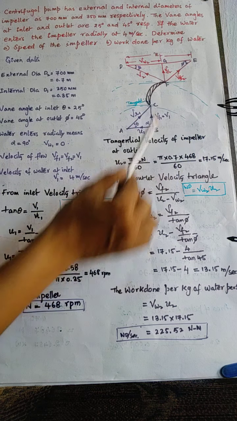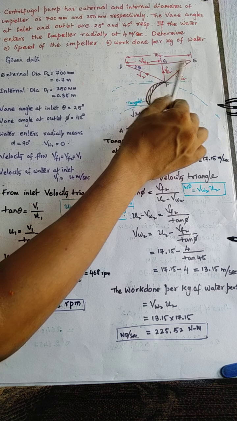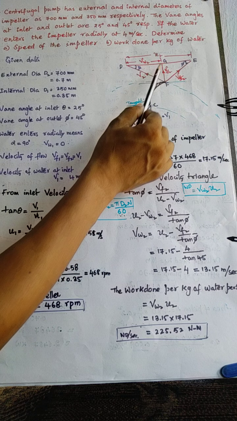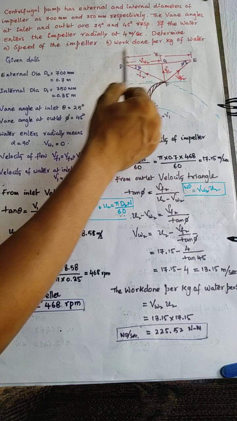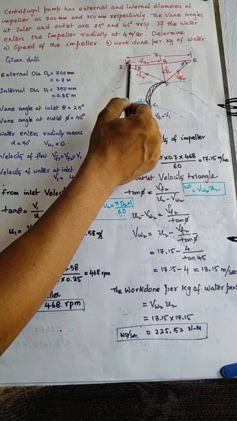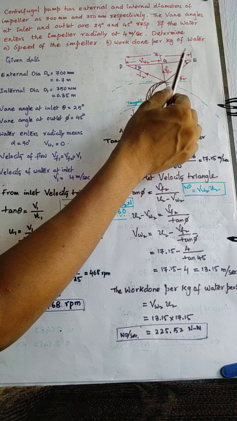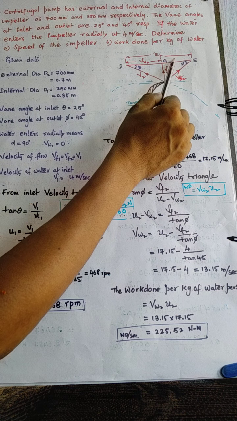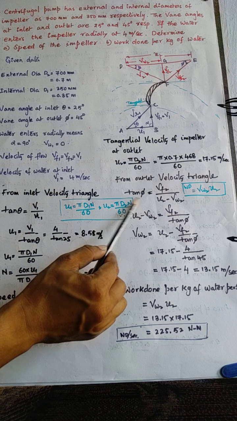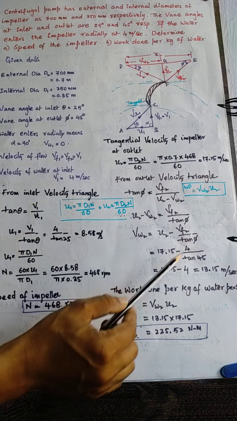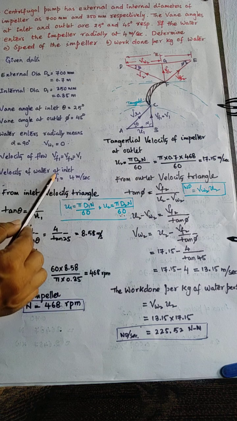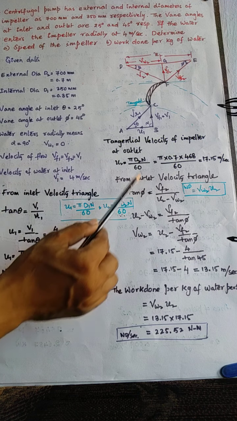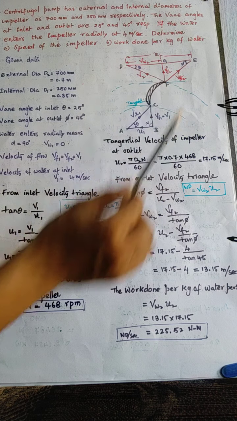The opposite value is Vf2, the adjacent value is the difference of these two values, U2 minus Vw2. So tan phi equal to Vf2 by U2 minus Vw2, where Vf2 is equal to Vf1, that is equal to v1.